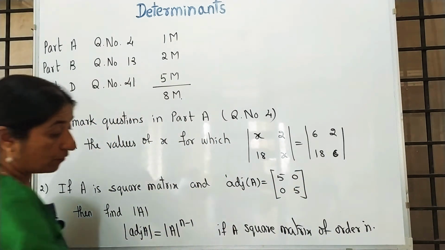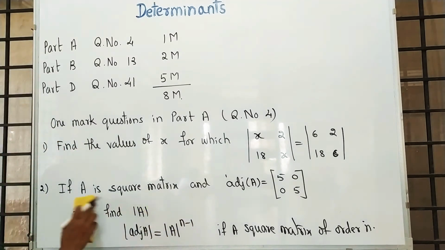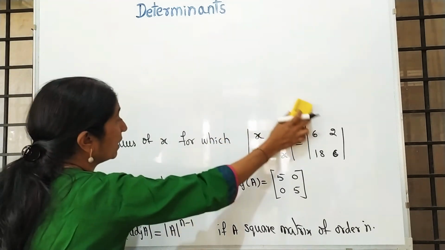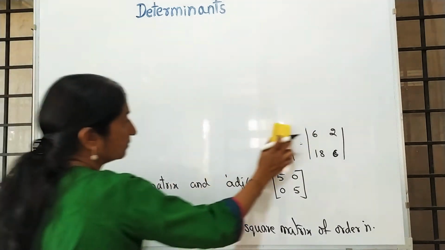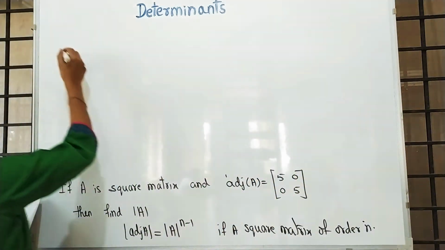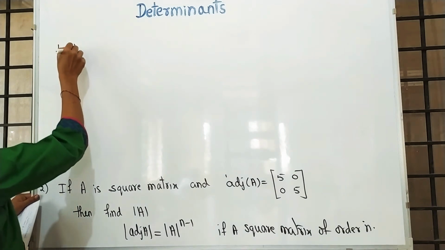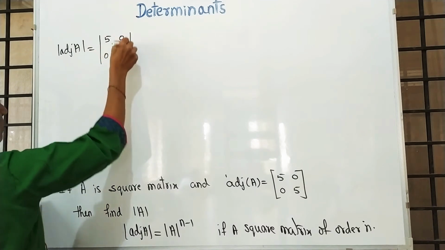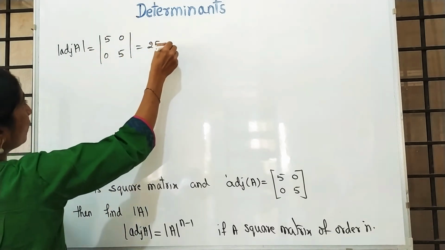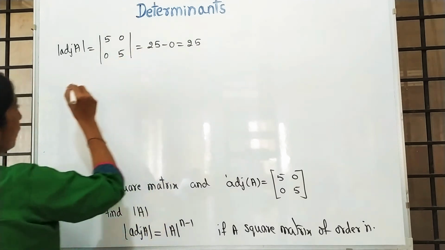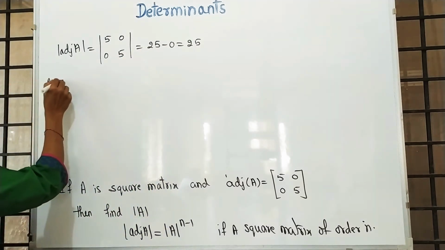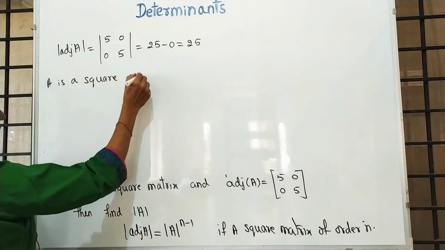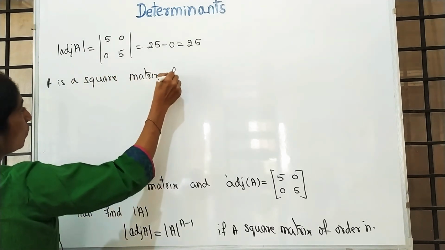That means what we have to calculate: we want determinant of A, so first we have to find the determinant of given adjoint A. And you know how to solve this. This is 25 minus 0, that is 25. And A is a square matrix of order 2.